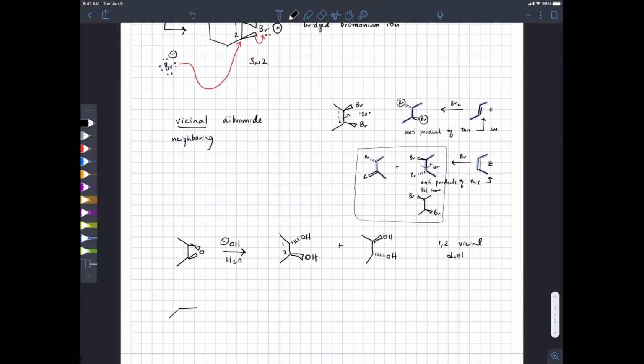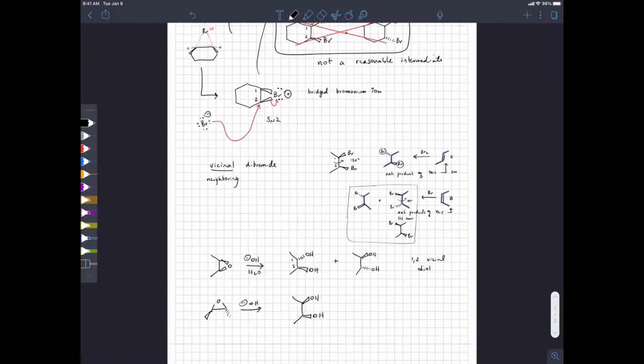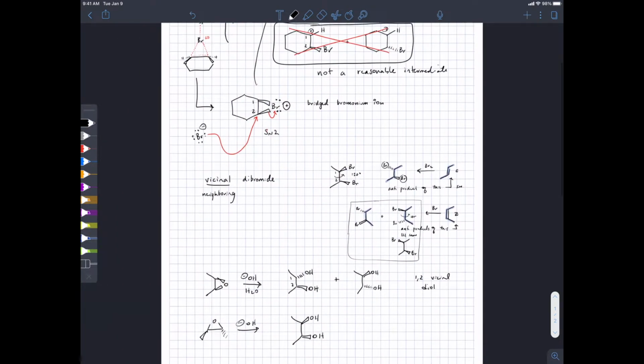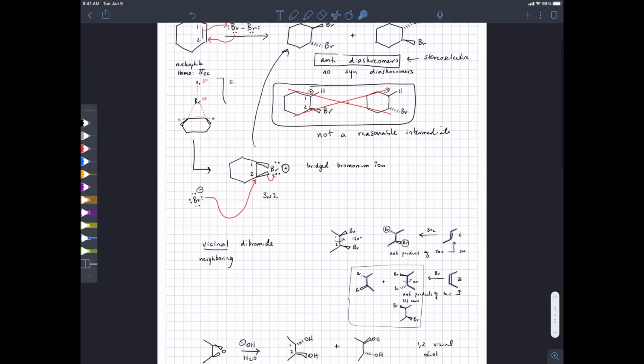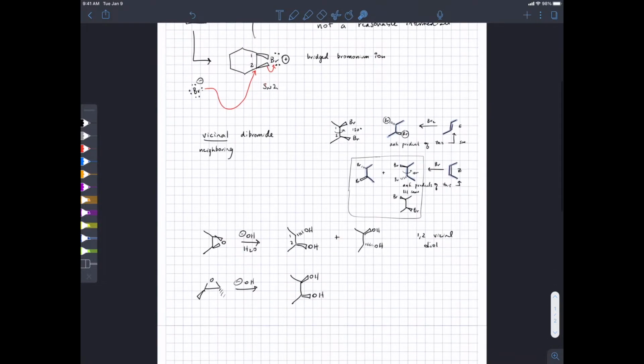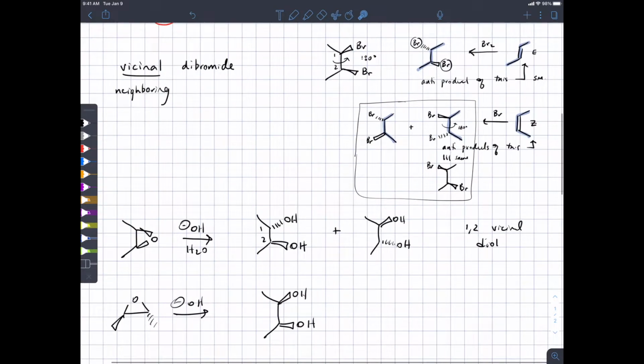I could show you the products that we would get from the trans epoxide opening, and they would be similar to the products we got from bromination of the trans alkene. So be able to follow through those stereochemical issues. As I said, I haven't told you how to make epoxides yet, and we'll talk about it, but it's key to be able to take a starting material with a particular stereochemistry and follow that stereochemistry through into the product.